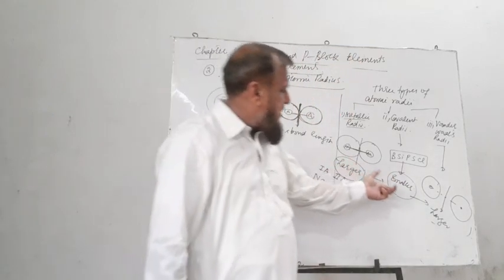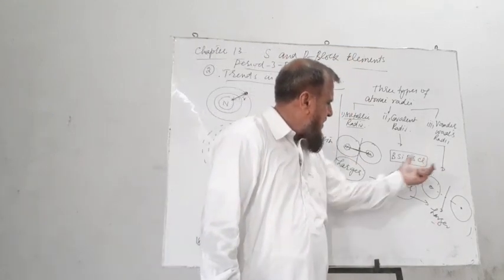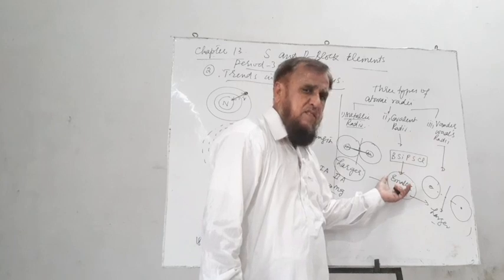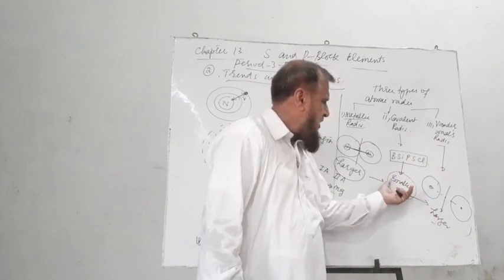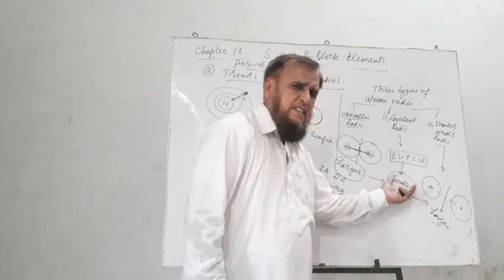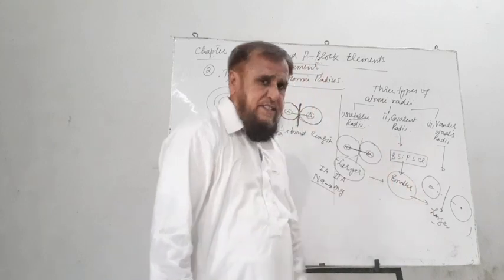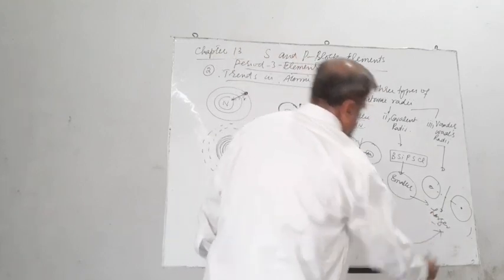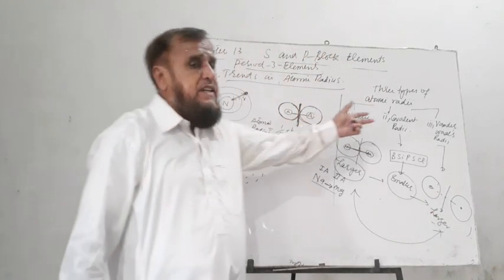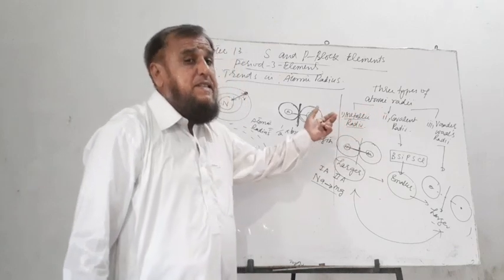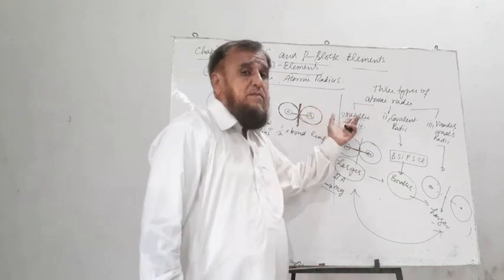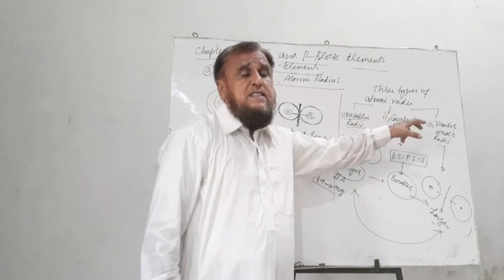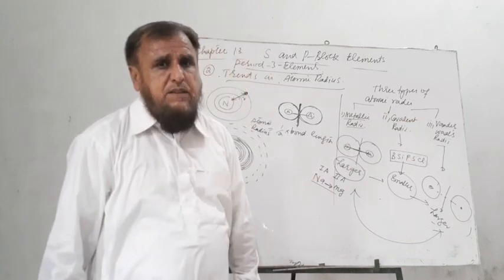Now we can compare van der Waals radii and covalent radii. Van der Waals radii are always bigger than covalent radii, but we cannot compare metallic radii and van der Waals radii. In some cases the metallic radius is larger, and in other cases the van der Waals radius may be larger.